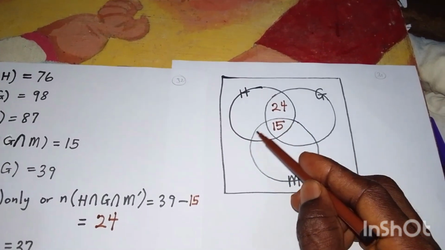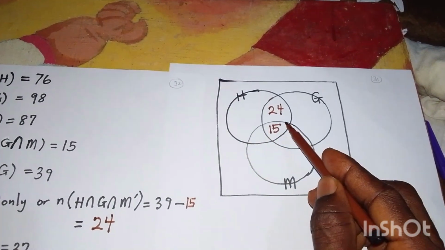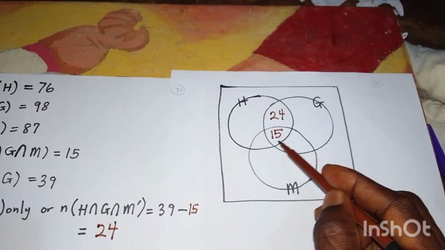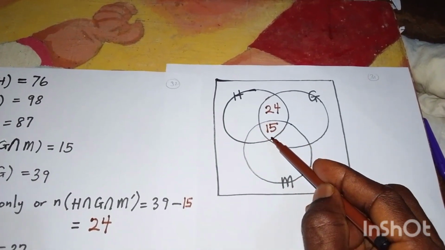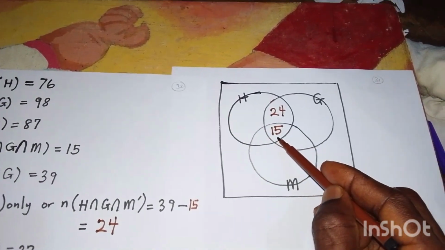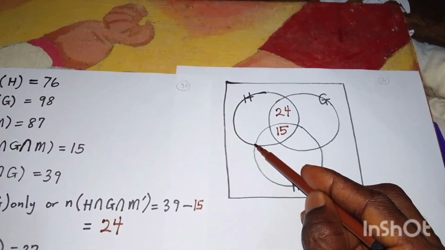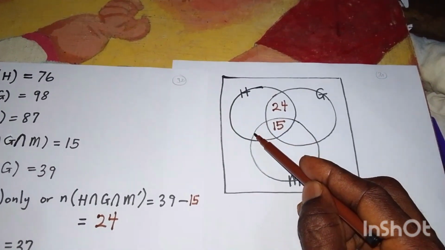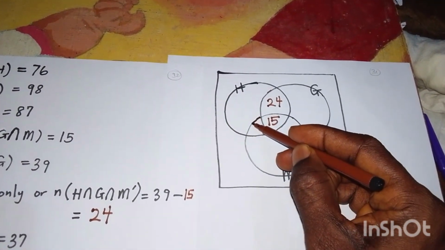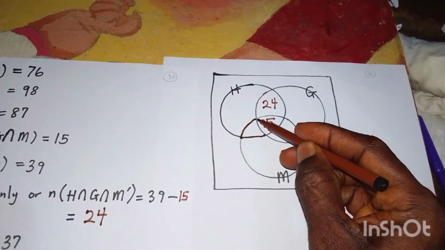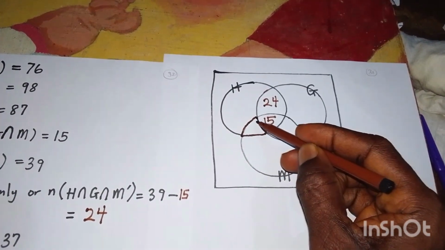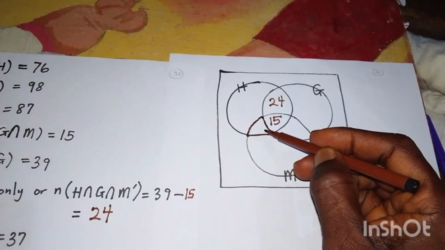Out of those that like history and mathematics, a part of them also like geography. That means we have 15 of them here. So history and mathematics only will be represented in this part.